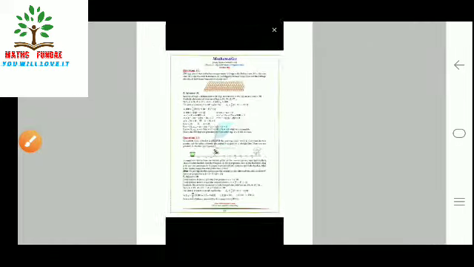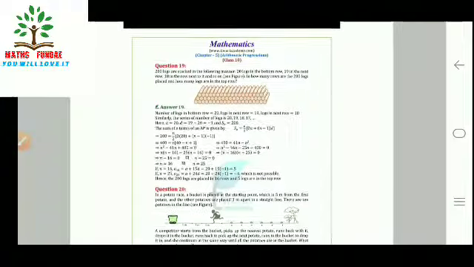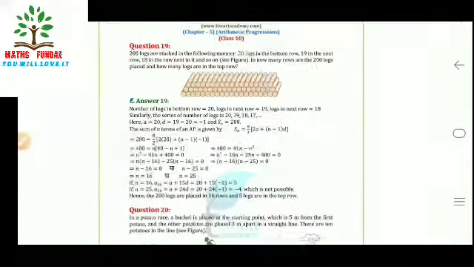Now looking at question number 19. In question number 19 we can see that 200 logs are stacked in the following manner: 20 logs in the bottom row, 19 in the next and so on.